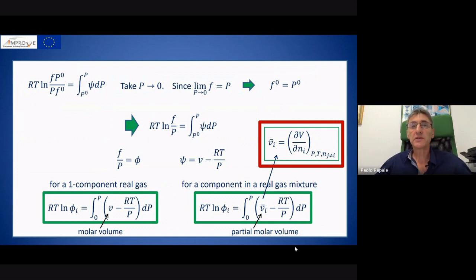We integrate its difference with respect to ideal volume along an isothermal path corresponding to system temperature, and it's done. In the next lesson, we will get through another key quantity in the equilibrium equations, namely the reference fugacity of volatiles in the liquid phase.